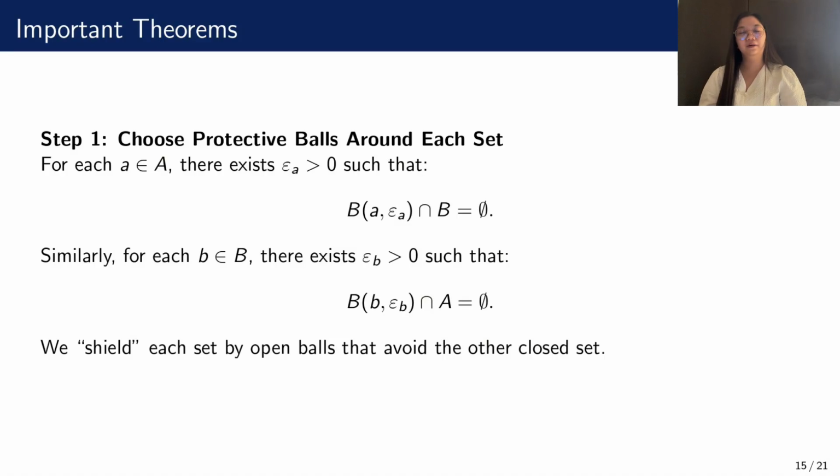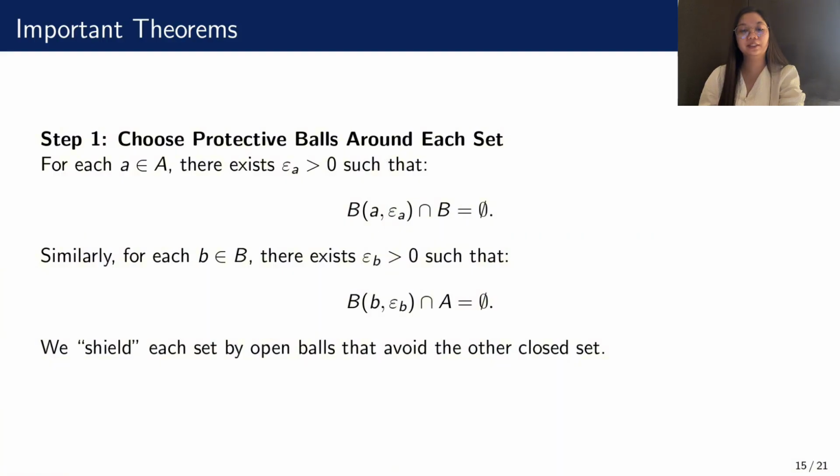It is like saying we take any point a in A, because A and B are closed and disjoint, we can find a small distance so that the open ball around a does not touch B. Similarly, for each b, an element of B, there exists epsilon sub b, which is positive, such that the epsilon ball intersection A is empty.